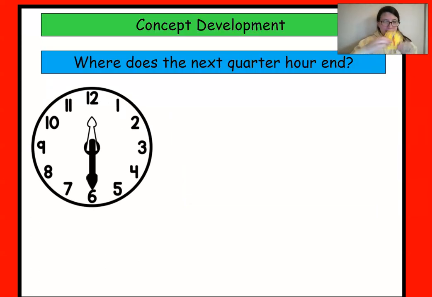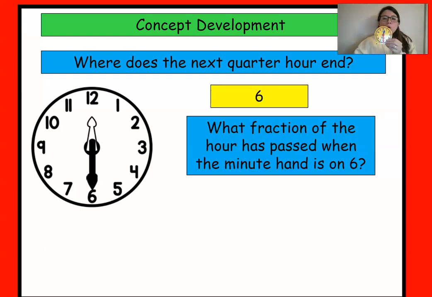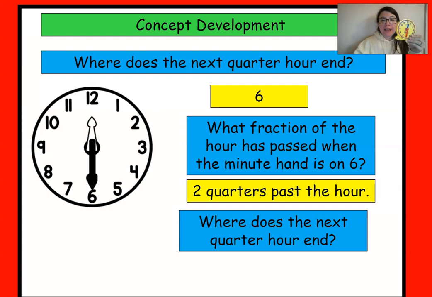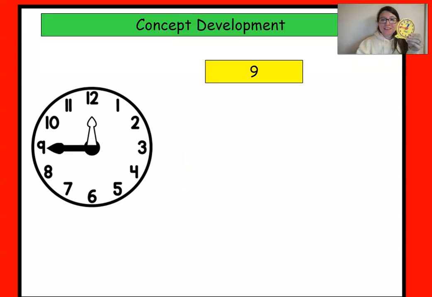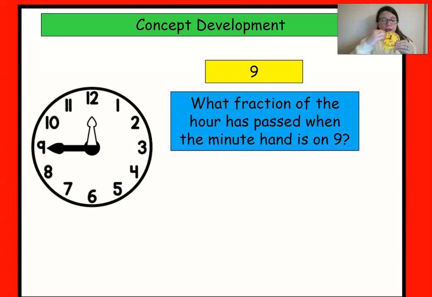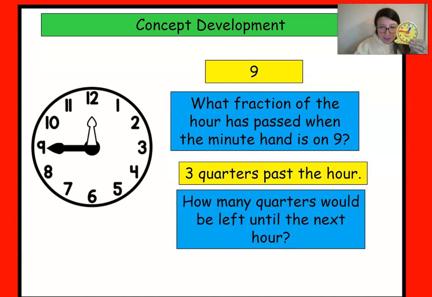Let's rotate into the next quarter. That's the 6. What fraction is passed when the minute hand is on the 6? We already did this one. 2 quarters past the hour, or 1/2 hour. Now I want you to rotate to the next quarter. What does it land on? The 9, very good. What fraction of the hour has passed when the minute hand is on the 9? 3 quarters.